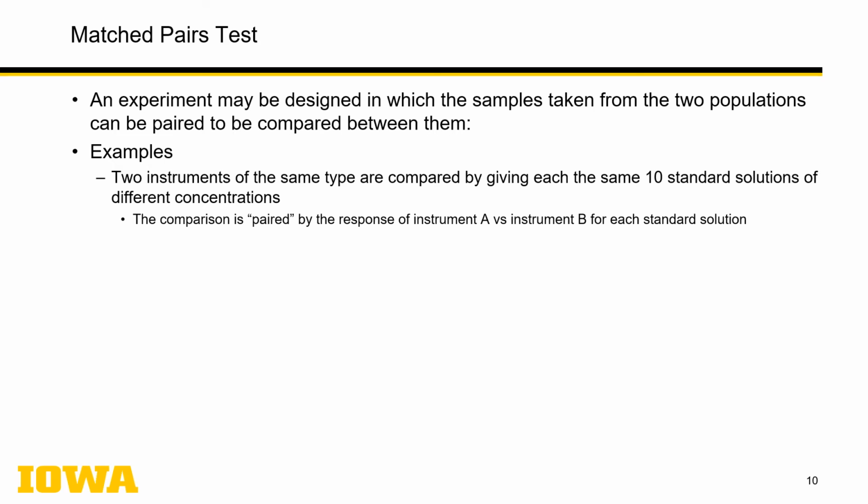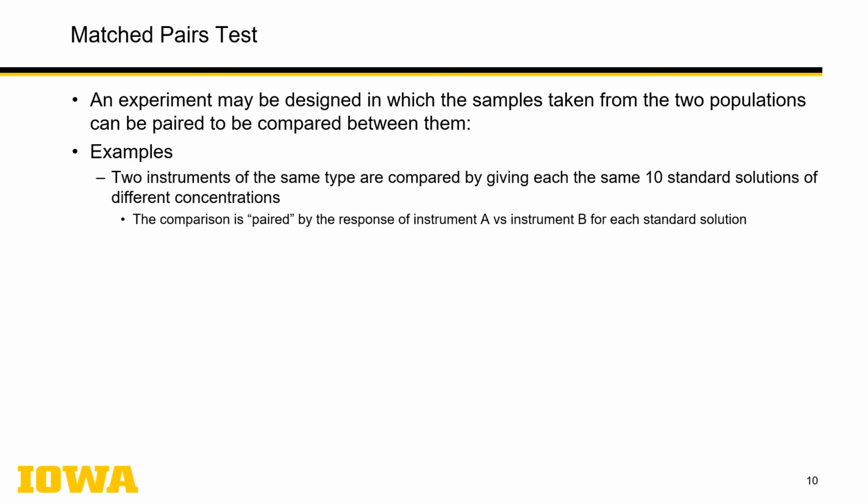Well, a classic example: you have two instruments of the same type, and you want to know, are they giving me the same results or not? So you would perhaps give the same 10 standard solutions to this GC or whatever it is to both of them. And the comparison is then paired by the response of instrument A versus instrument B for each standard solution.